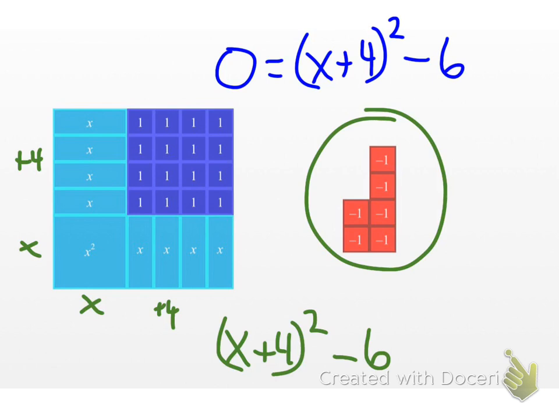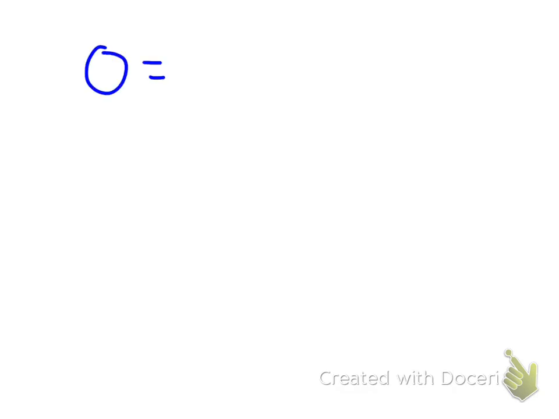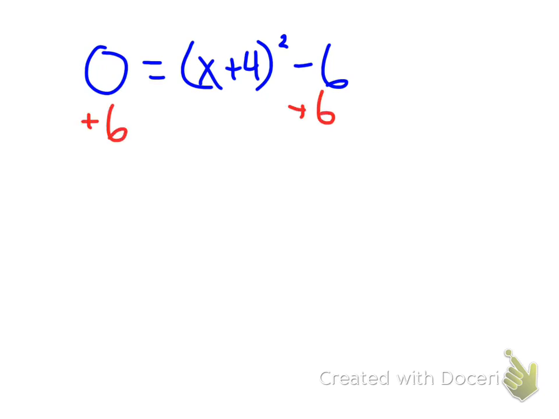From there, I can now solve this. So 0 equals x plus 4 squared minus 6. I need to add 6 to both sides. That gives me 6 equals x plus 4 squared.